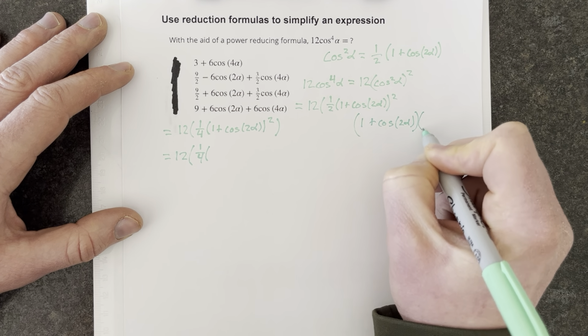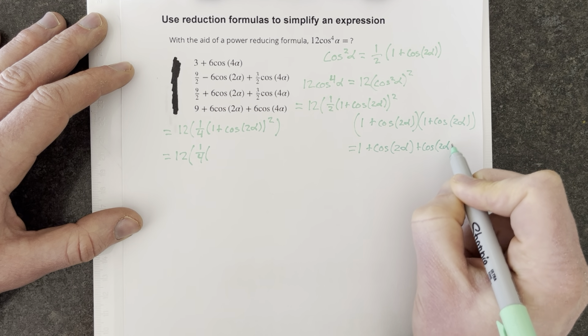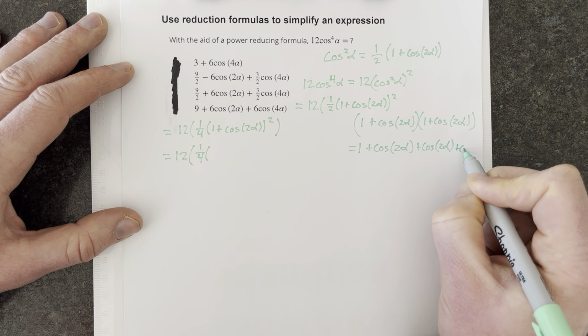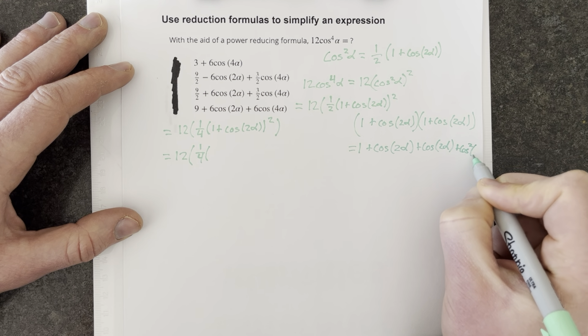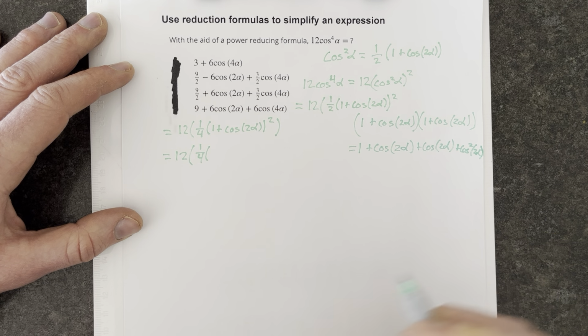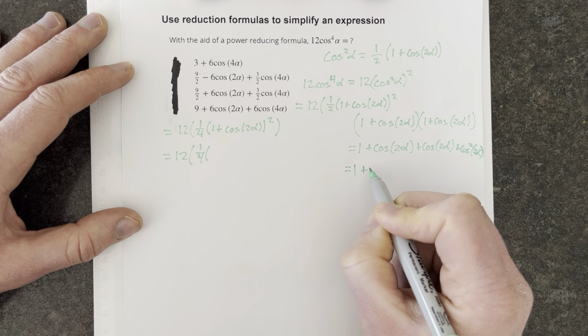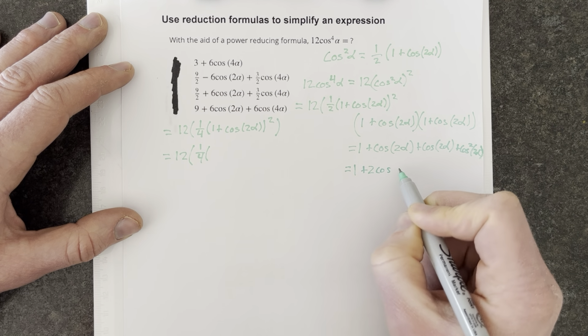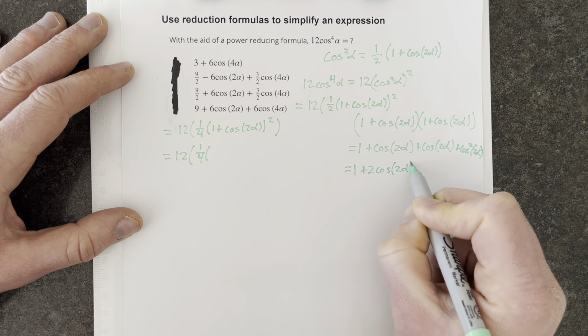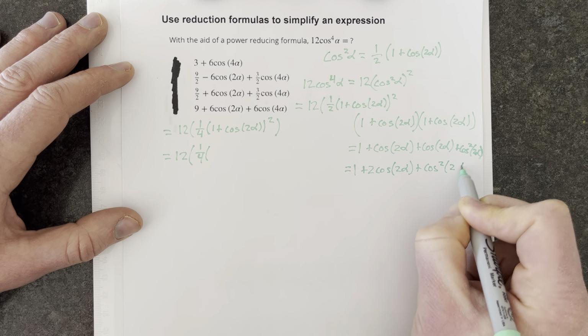Do the same thing here, cosine 2 alpha times 1, so plus cosine 2 alpha. And then I have plus cosine squared 2 alpha. This is equal to 1 plus 2 cosine 2 alpha plus cosine squared 2 alpha.